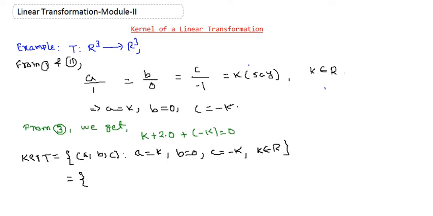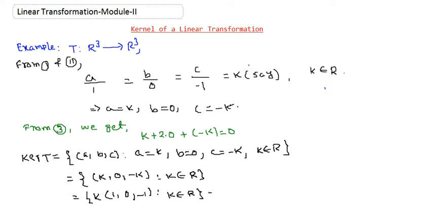So if I put in the values, we get (K, 0, minus K), where K is any real number. Written more formally, it is K times (1, 0, minus 1), where K belongs to R. So basically the kernel of T is spanned by the vector (1, 0, minus 1).